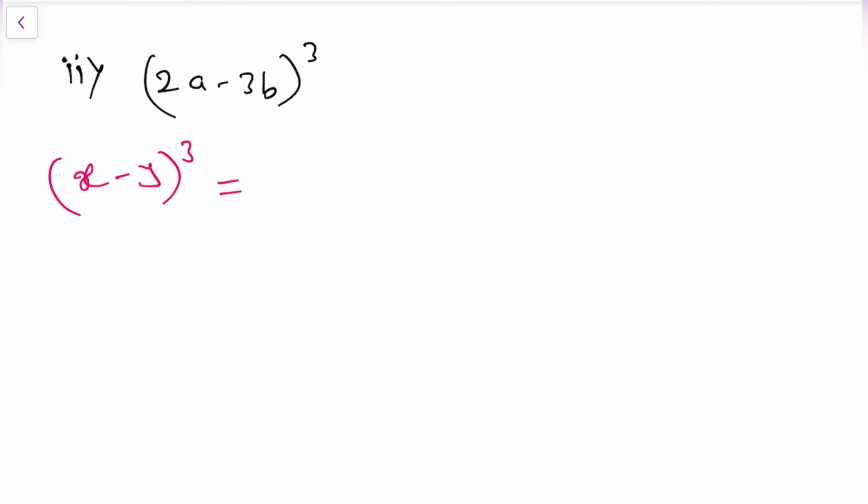(x minus y) whole cube, if we expand we get x cube minus y cube minus 3x square y plus 3xy square. Actually two formulas will be there. One more formula is x cube minus y cube minus 3xy into (x minus y). That only I expanded like this. In the place of x 2a, in the place of y 3b.